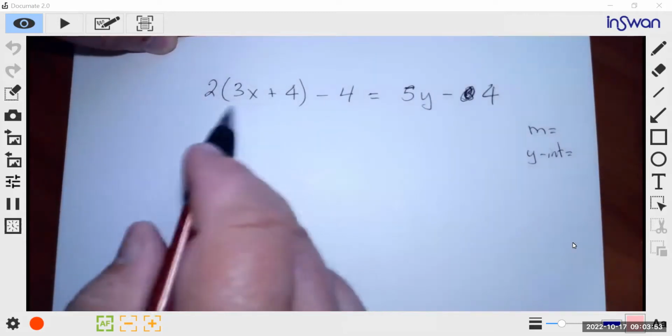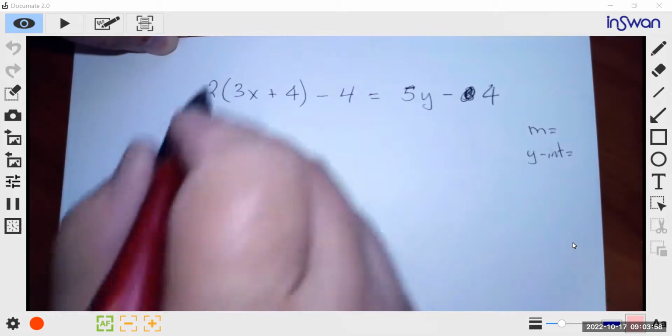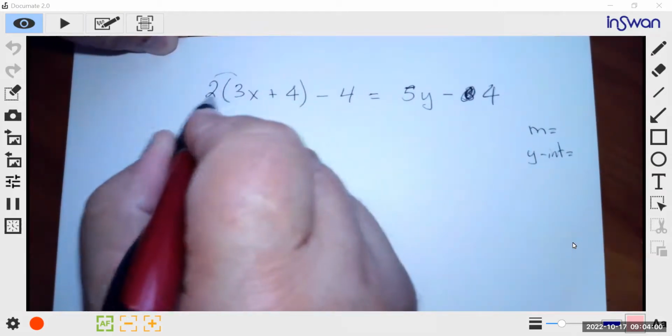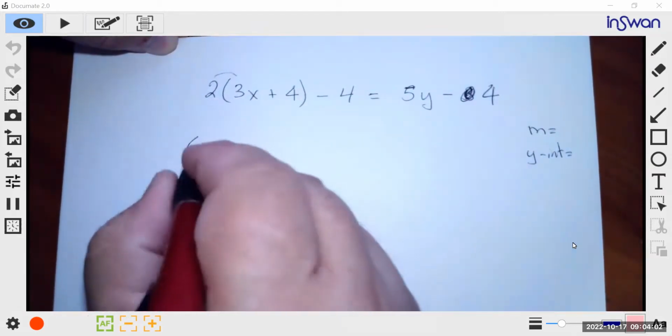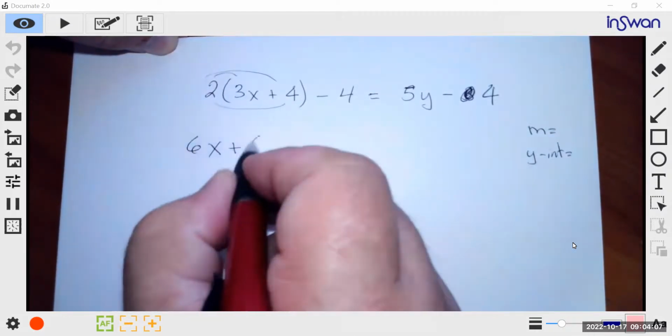We have parentheses. You never want a parenthesis in the equation, so get rid of the parenthesis first. Distribute. Positive, positive. 2 times 3 is 6x. Positive times positive is positive. 2 times 4 is 8.